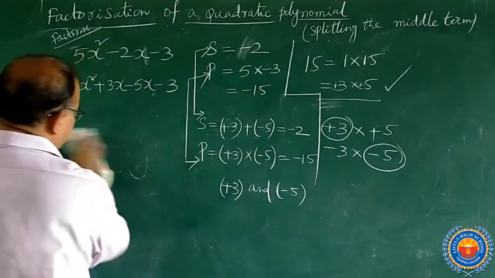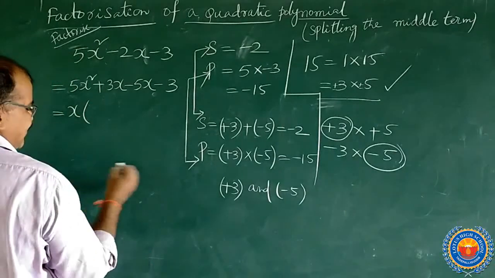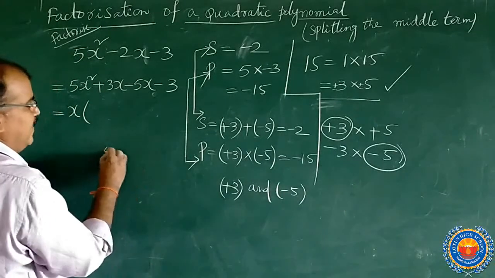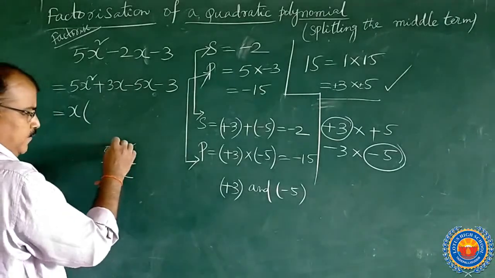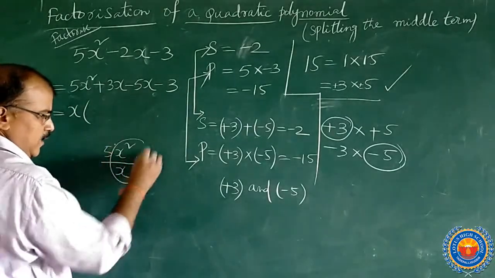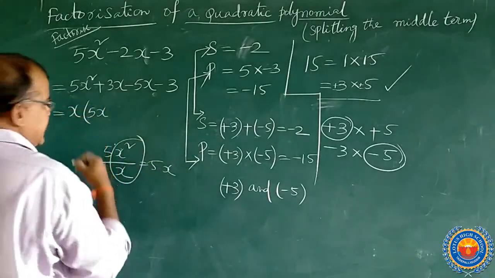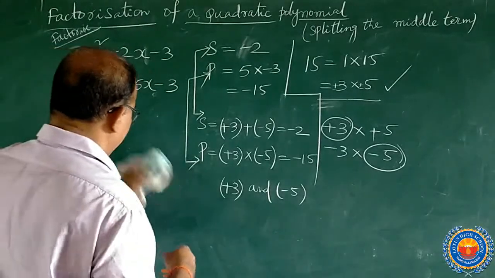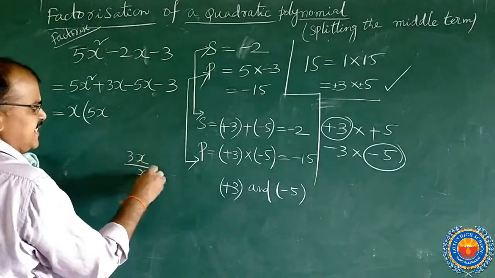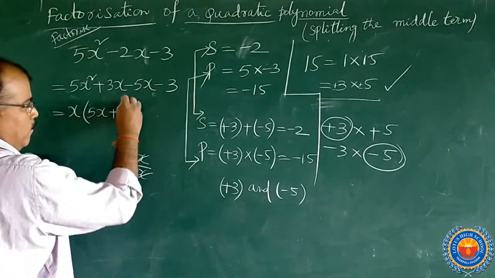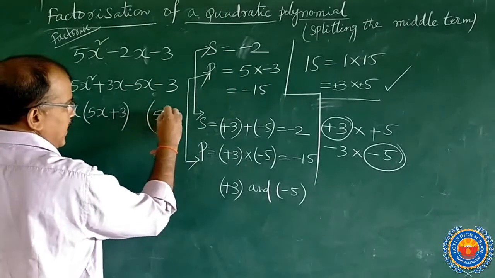x into, 5x square by x is 5x, and x square by x is x, so 5x plus 3x by x, x cancels, plus 3. So the same number here also, 5x plus 3.